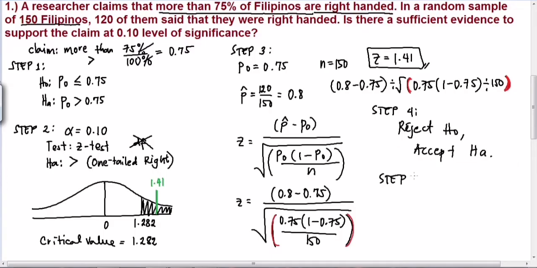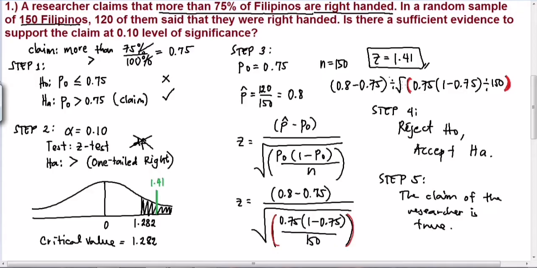Okay? So, step 5 is the conclusion. So, ito, reject daw. Ito, wait lang, lagyan muna natin yung claim ha. Nasaan ba yung claim? Ito, nasa HA siya. Kasi, ito, siya yung claim na more than 75%. So, ito yun. Okay? So, sabi dyan, reject daw to and then accept daw to. Since na-accept yung claim, ibig sabihin, ang ating final answer or conclusion is the claim of the researcher is true.